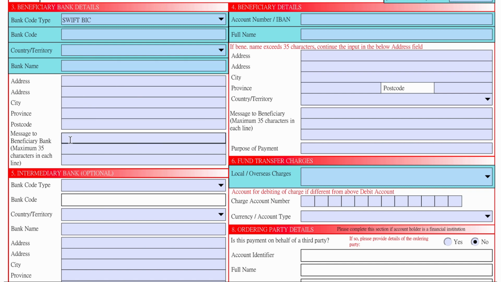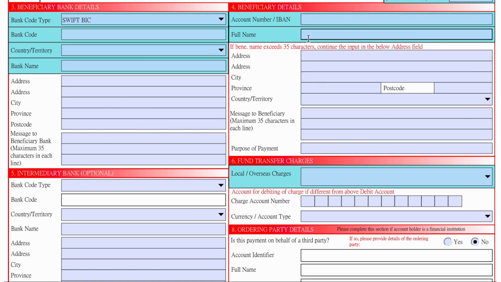For example, if you pay a company, let's say in Hong Kong, it happens sometimes that the bank would change the currency to Hong Kong dollar. If you want to avoid that, you might want to write "do not convert." Okay, that's an example of an instruction to the beneficiary bank.